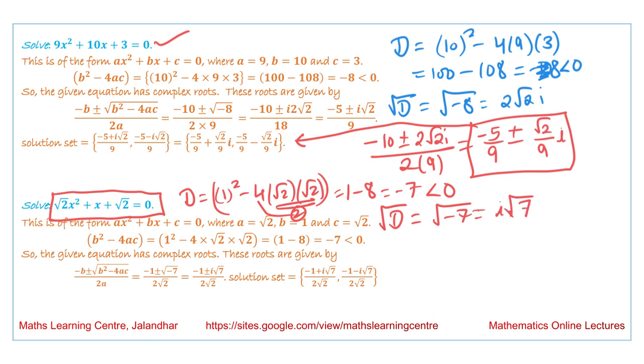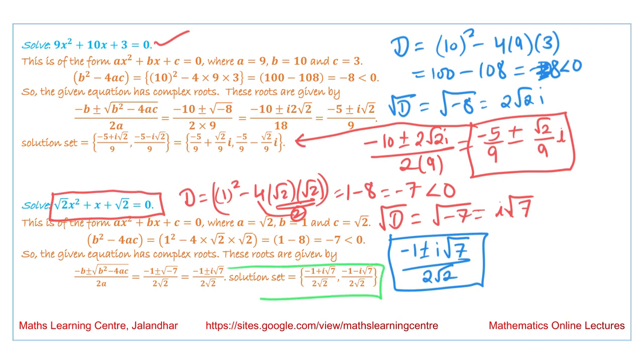So the solution of this equation will be minus b plus minus iota root 7 by 2 times root 2. So these are the two solutions of this equation. So we can write that the solution set contains two elements. One is minus 1 plus iota root 7, and the second element we have is minus 1 minus iota root 7.